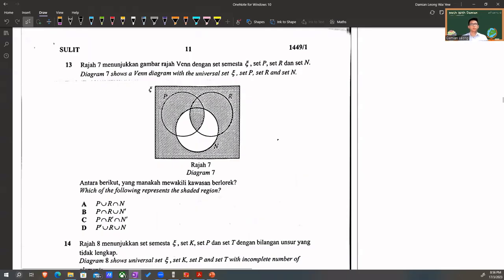Question 13. Which represents the shaded region? Again, we can either see what is shaded or what is non-shaded. What is not shaded is inside N, except for this part.